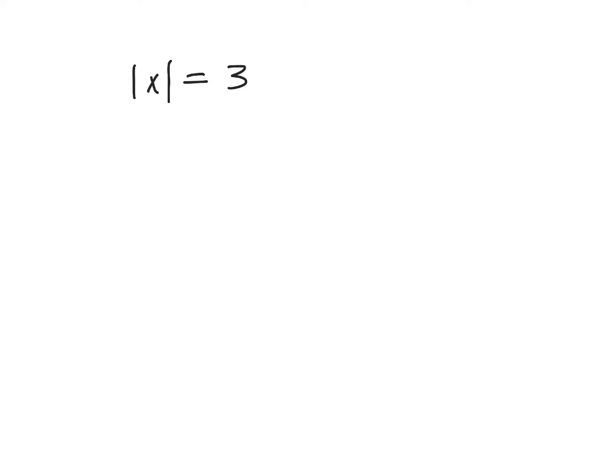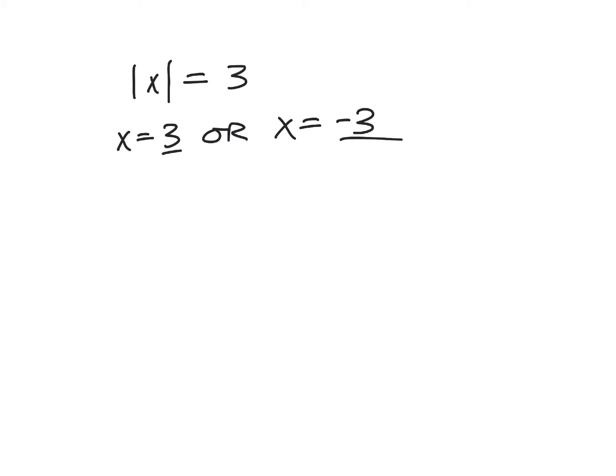Well, we just got through saying what are two numbers that I can plug in to get 3. In doing this, we have two cases. We have x equals 3 or x equals -3, because there are two numbers, again, that work to give us 3 when we put them in absolute value.